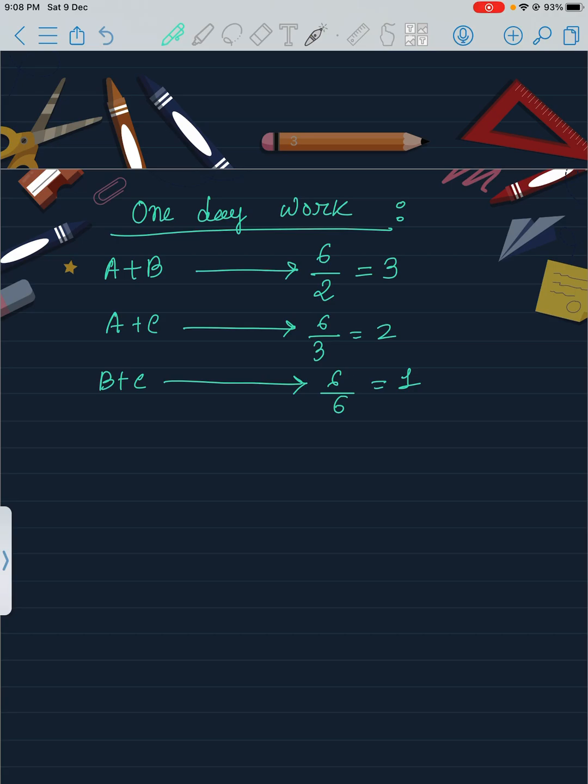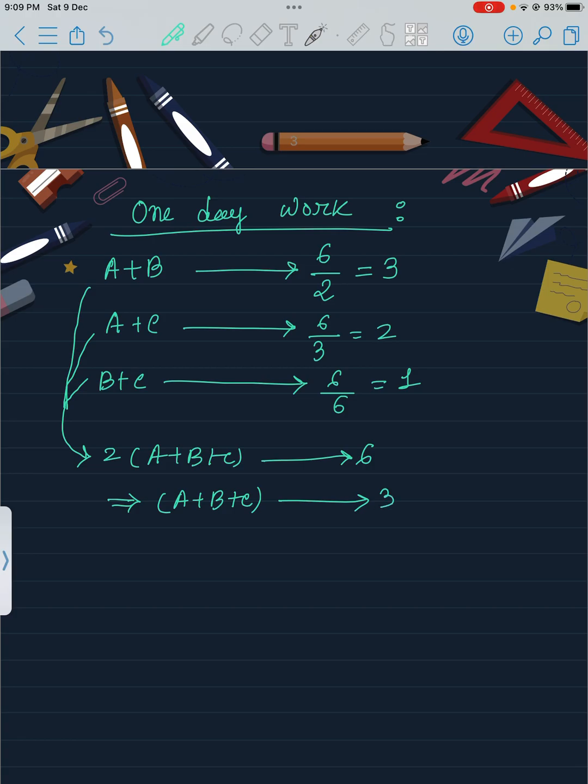So add these three terms. What we will get? 2 times A plus B plus C give one day work 3 plus 2 plus 1, which is 6. So A plus B plus C give one day work 3.